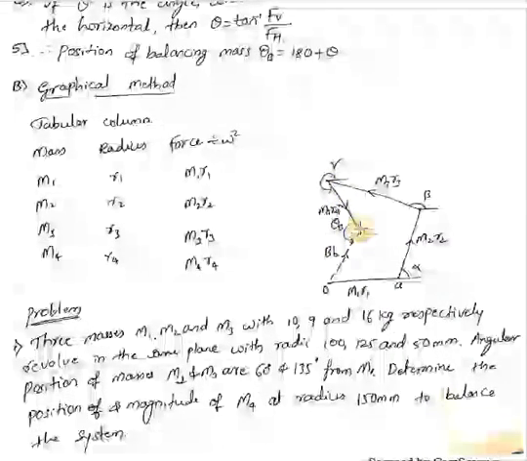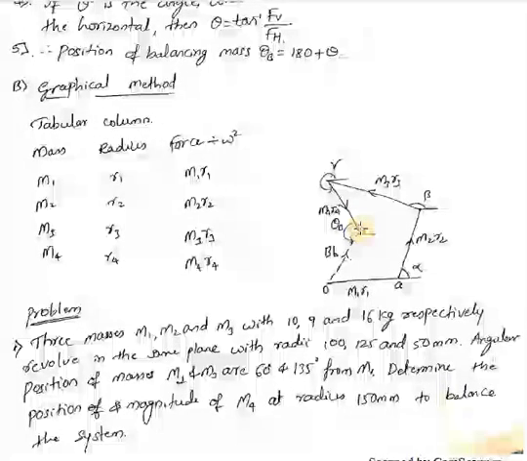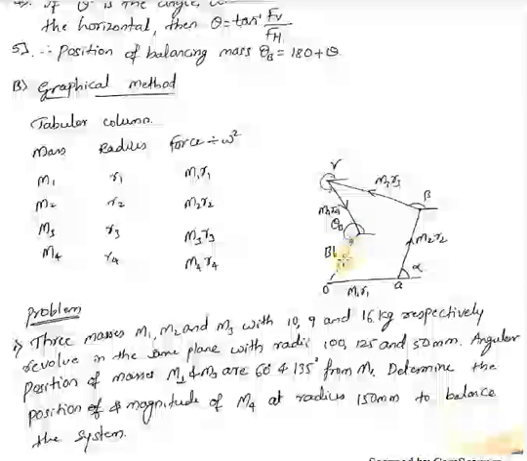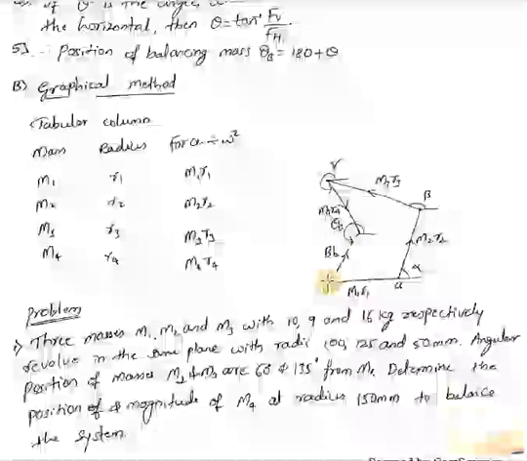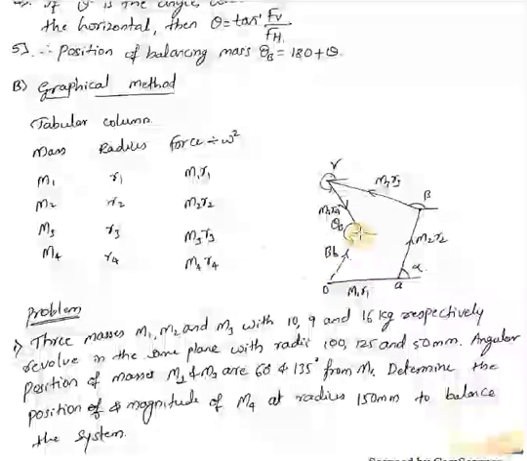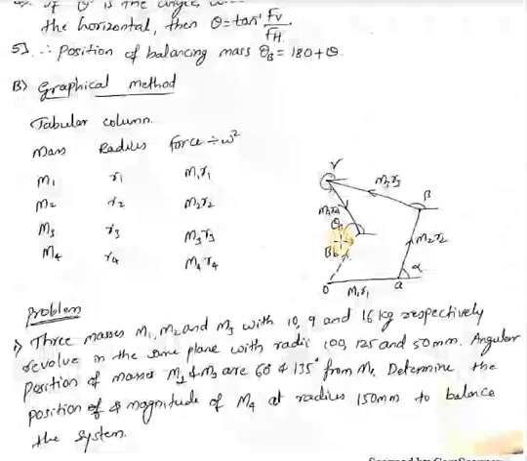Now, for perfect balancing, it should be a closed force polygon. So from here you draw a line to join this origin. The length of this line is going to be the balancing force, and the angle, this theta 4, is going to be the position for that unbalanced mass.